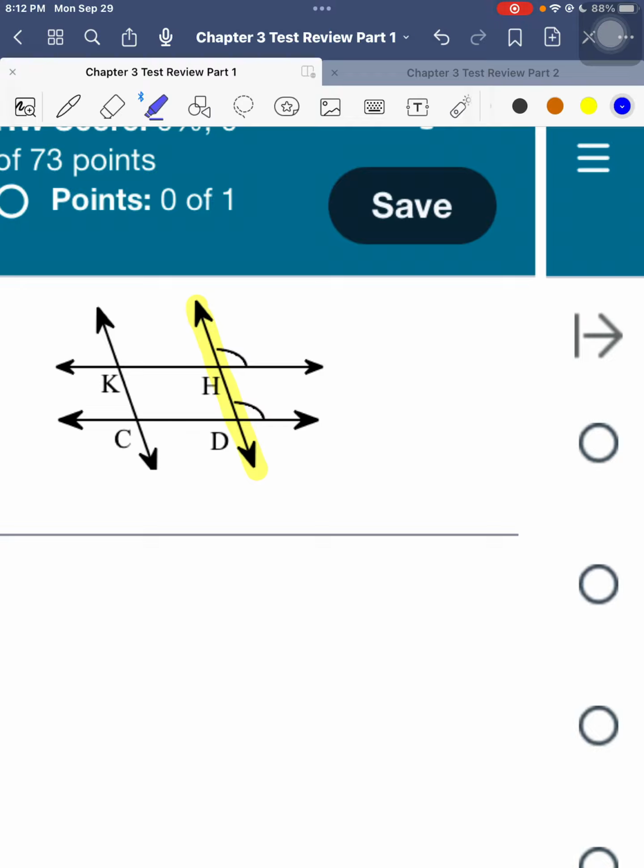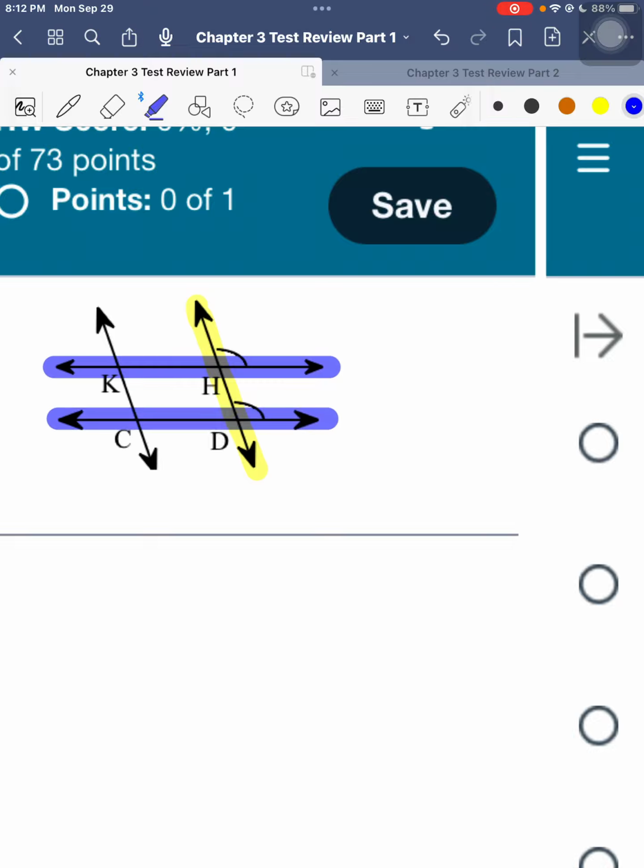Now, the other thing you need to do is figure out which ones are my transverse lines. These transverse lines, which we're going to highlight in blue, are the lines that are proven parallel by the corresponding angles theorem. So what are my transverse lines?